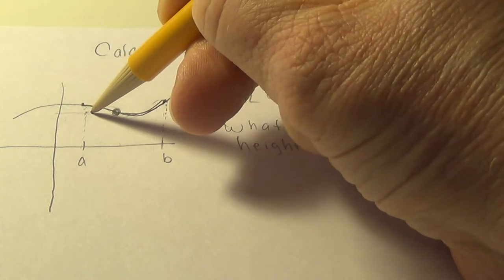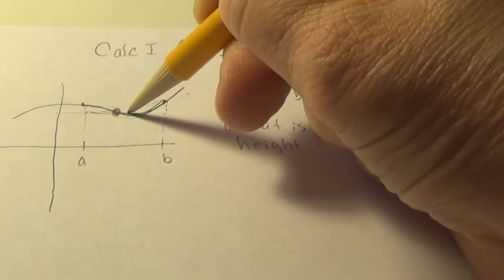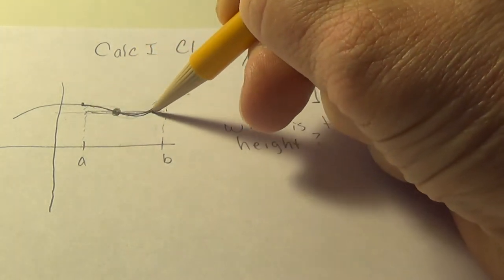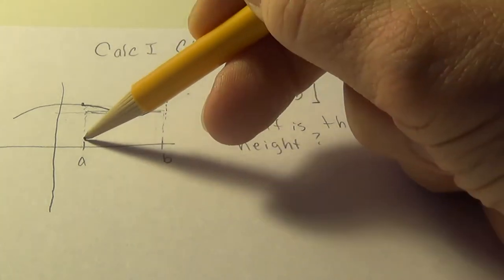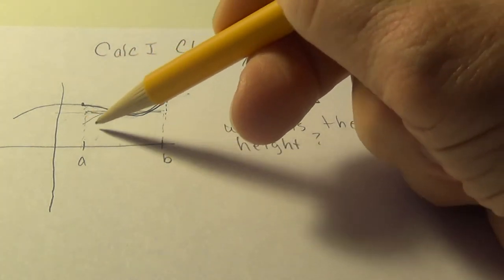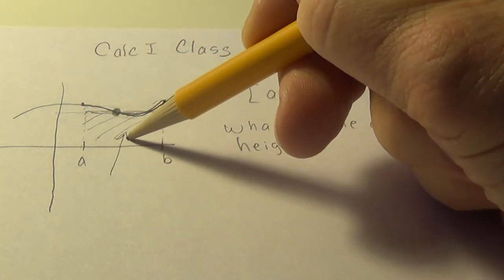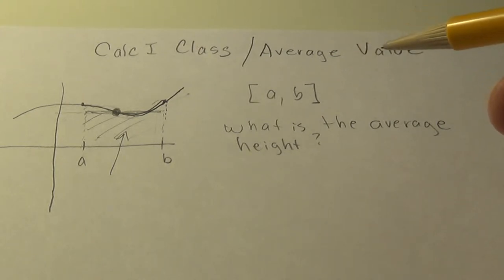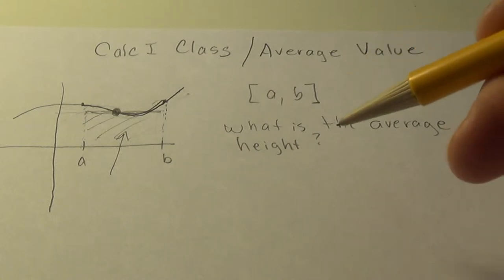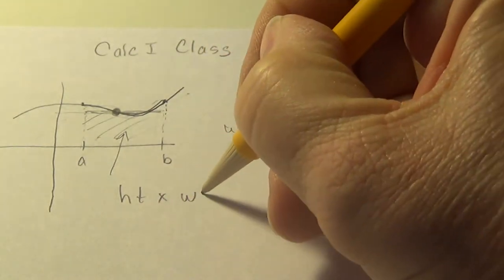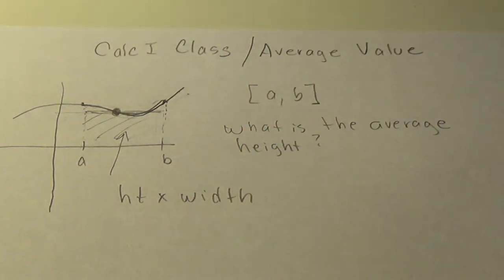Total guess, but all right, so notice if that's the average value, then if I make a box where the height of the box on the interval A to B is the height of the average value, so I have a rectangle, I have now established an area. So length times width, and here we have a height times width. So I'm going to observe the height times the width that I've marked here, striped with stripes.